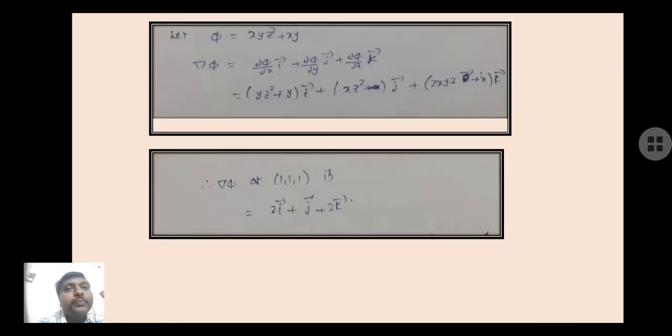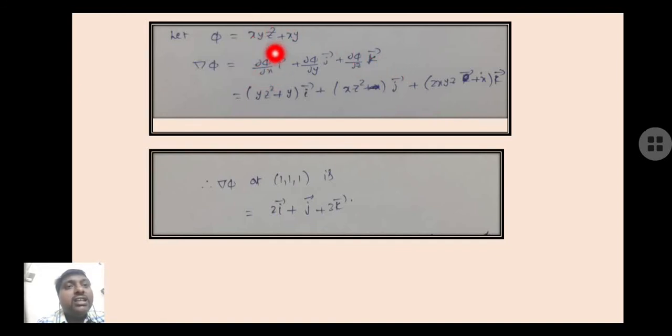Now, I am taking another scalar point function phi. So phi is equal to xyz square plus xy. Then del phi is equal to, from the definition, dou phi by dou x into i bar plus dou phi by dou y into j bar plus dou phi by dou z into k bar.